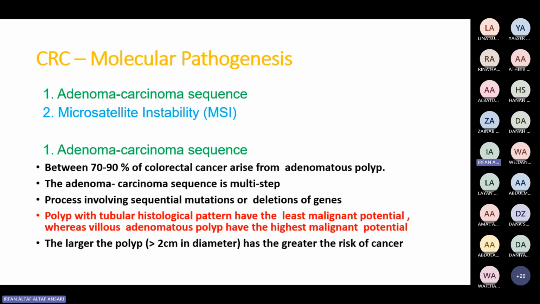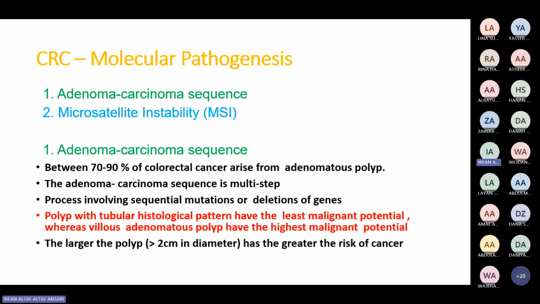Now we go to the molecular pathogenesis. There are two molecular pathways. One is the adenoma-carcinoma sequence and the other is microsatellite instability. So we go to the adenoma-carcinoma sequence. 70 to 90%. See, a larger number of colorectal carcinomas arise from the adenomatous polyp.